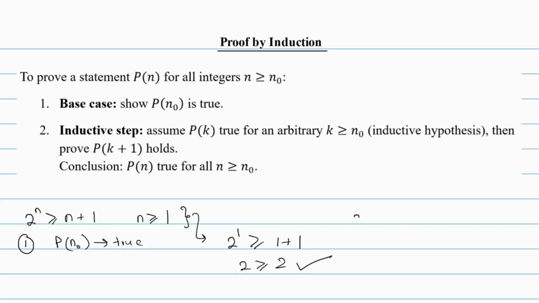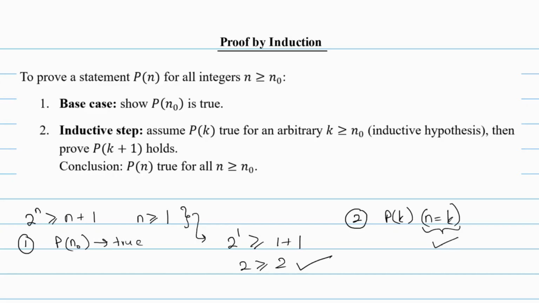The second step is called the inductive step. The second step is to assume that P(k), where n is equal to k, is true.